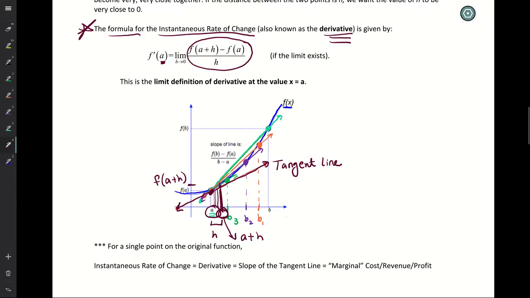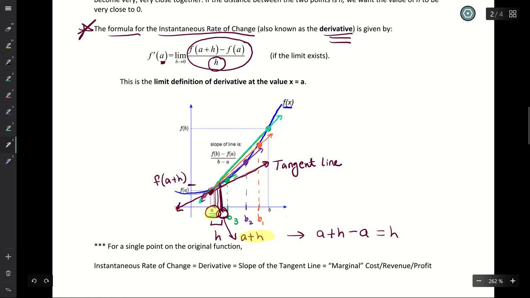It's the change of my y's, so f of a plus h minus f of a, over the change in my x's. All right, so we notice down below that if we look at the two x values, we have the a and we have the a plus h. If we take the difference in the two, the a plus h was the bigger one, and then minus the smaller one a, those a's would cancel, and it would give you just the difference of h. And so that's where the denominator in this particular problem came from.